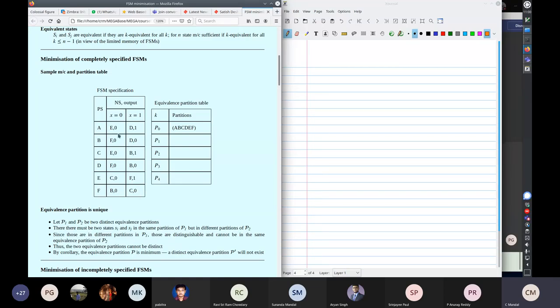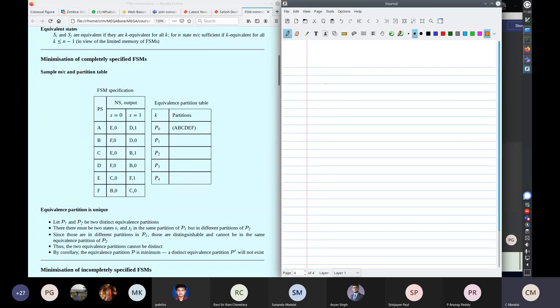So what is clear is that on input 1, you can distinguish between two sets of states. That is, A, C, and E, and then B, D, and F. Why?